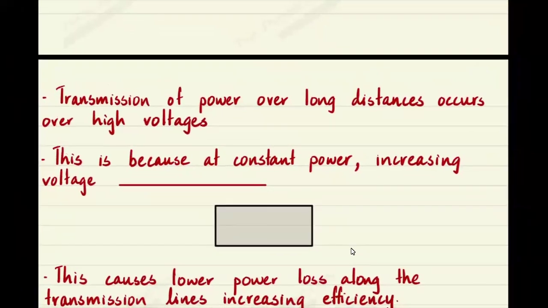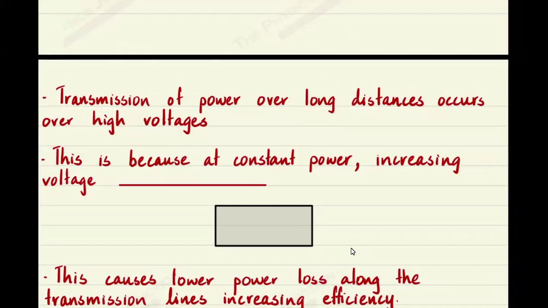Now, what are the uses of transformers? Why do we even talk about these? So the idea is that, for example, if we're traveling between cities, we always see voltage being transmitted over these long distance overhead lines, and that's done at very, very high voltage levels. Why is this the idea?